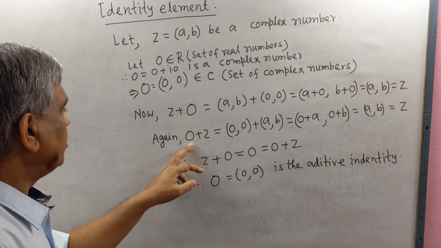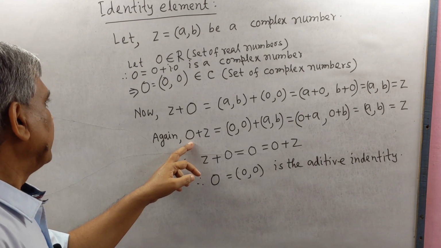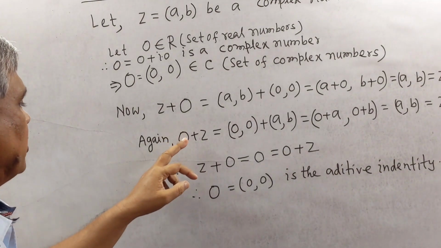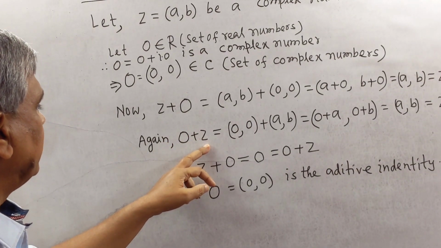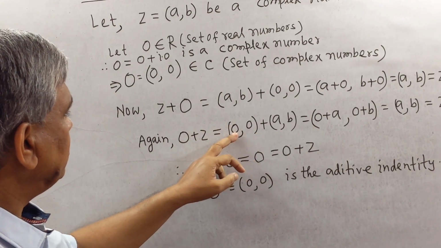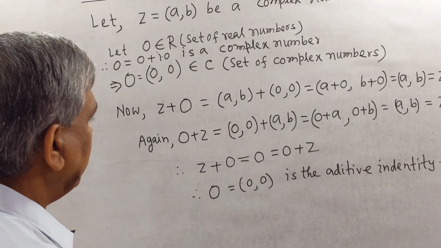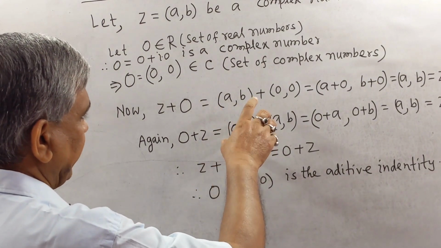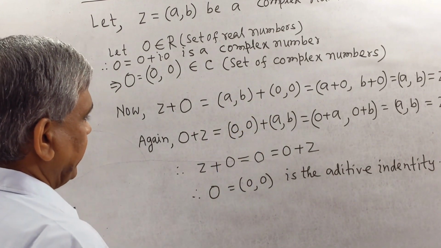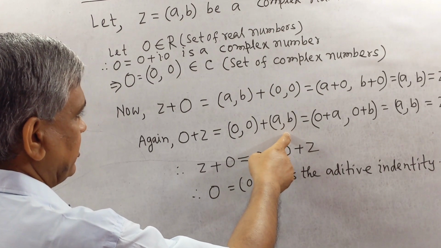Similarly, capital 0 is a member of the complex numbers. So capital 0 plus Z: capital 0 is the ordered pair 0, 0. These 0 and 0 are real numbers, and making an ordered pair, this is a complex number. And Z equal to ordered pair AB is also a complex number.